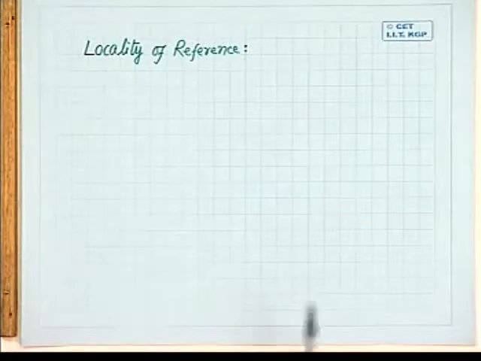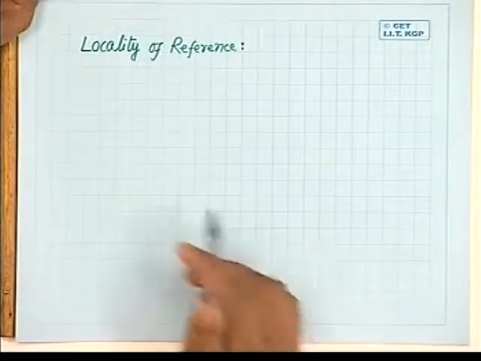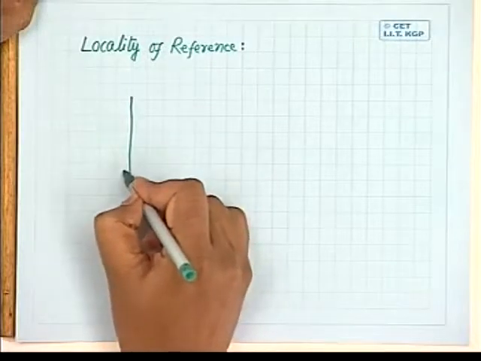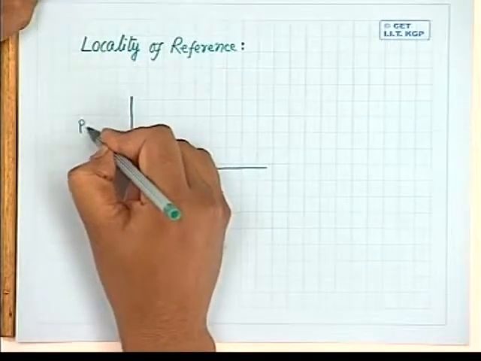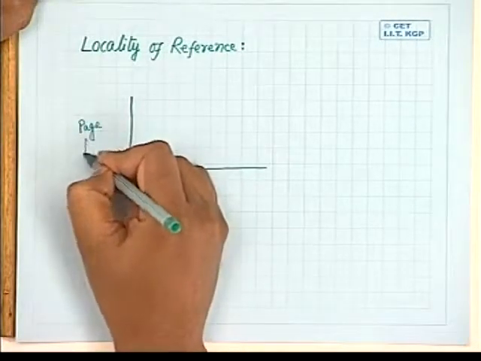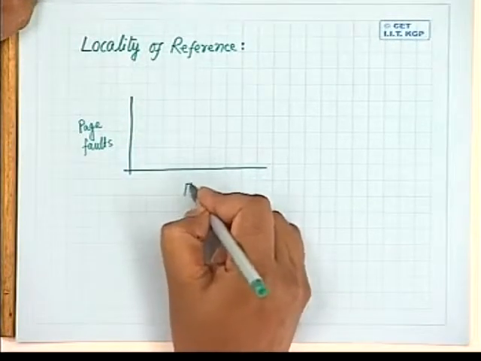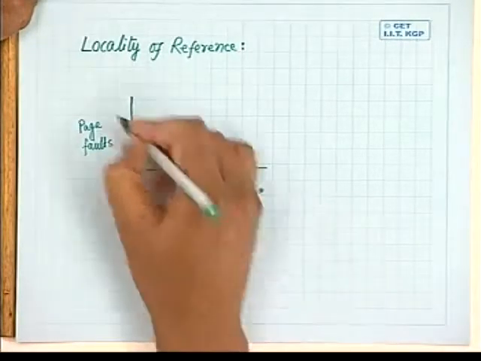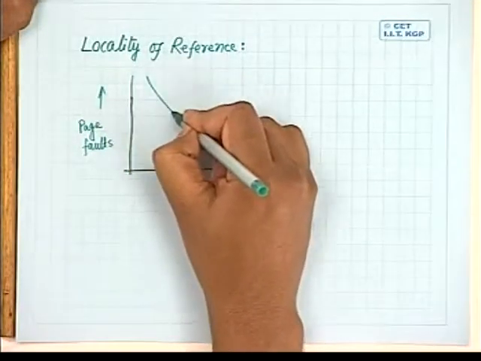Okay. So if you plot the number of hits or the number of misses versus the number of frames available for accommodating the pages, so if I put it like this, the number of page faults, and this is the number of frames available for accommodating the pages, you will find that you get a curve something like this.